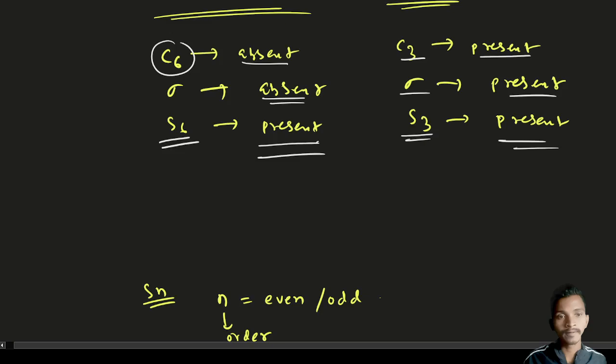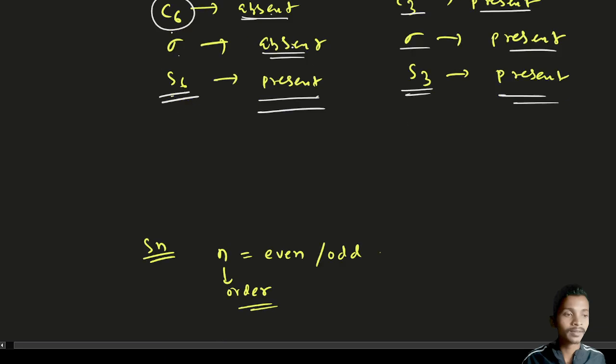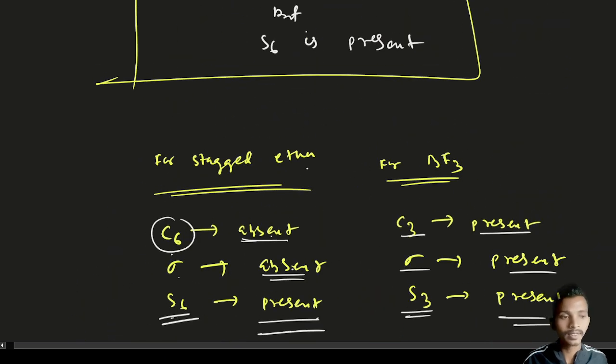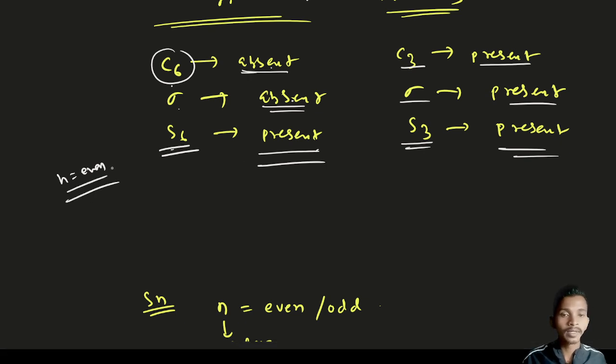from the above examples, for staggered ethane, C6 is absent, sigma is also absent, but S6 is present. From this S6, N is even. So for N equal to even, S6 is present, but sigma and the proper axis are absent.